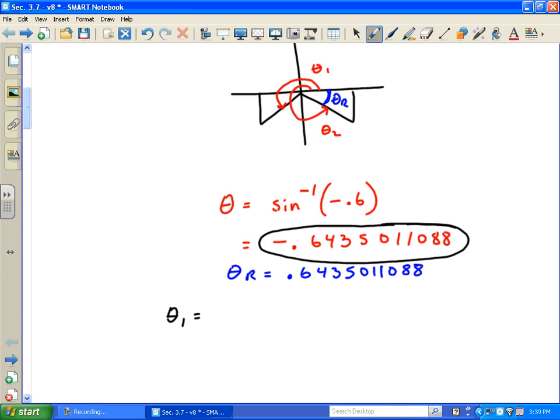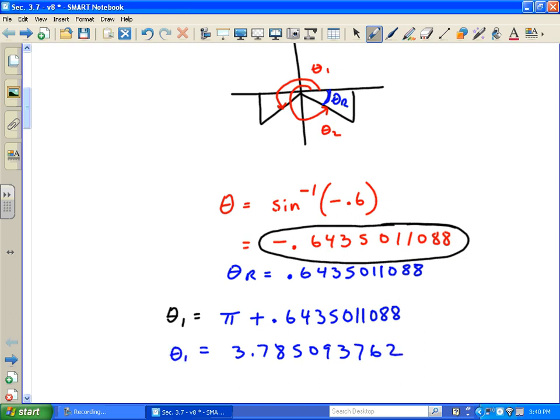Theta 1 is pi, in other words 180 degrees, plus that reference angle. Okay, we can type this in our calculator and we'll have the value for theta 1. This value is going to be 3.785093762. That will be the answer for theta 1.